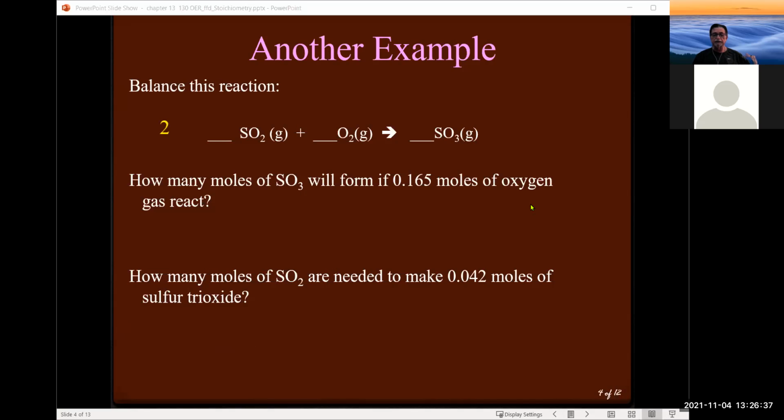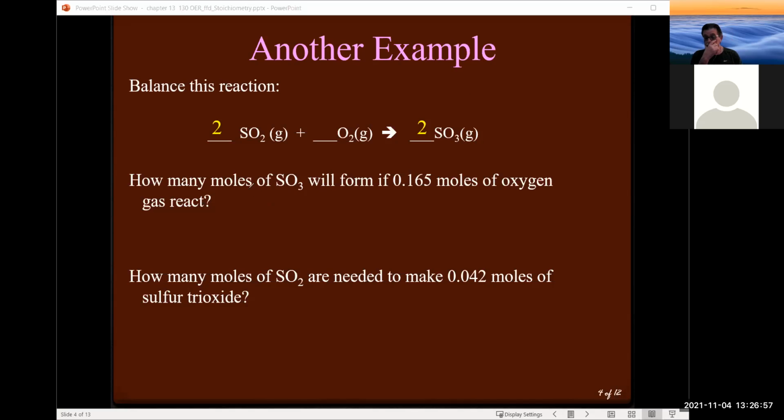All right, let's balance this equation. Adding a 2 in front of sulfur dioxide and a 2 in front of sulfur trioxide gets us balanced here. Let's double check.